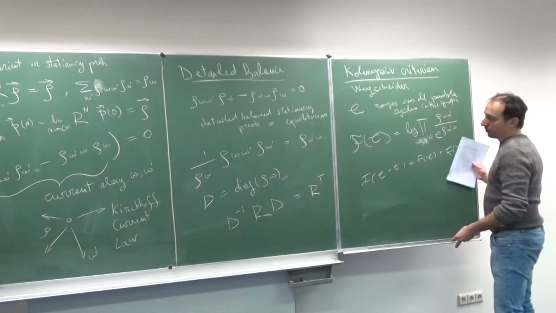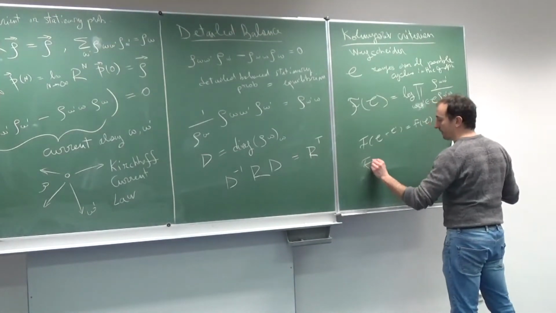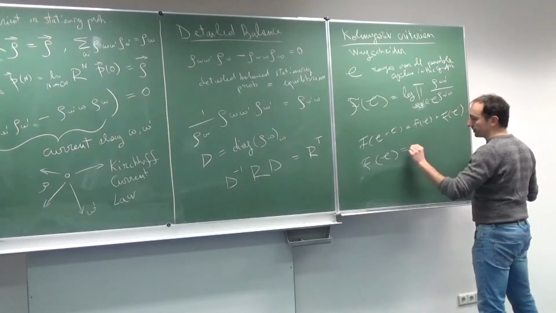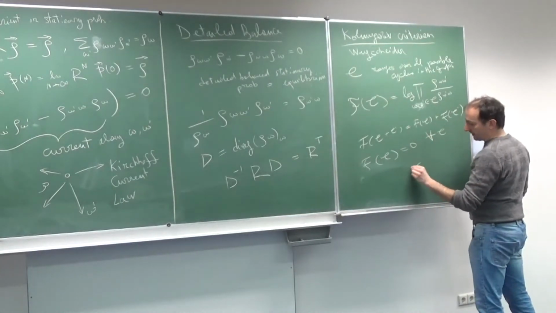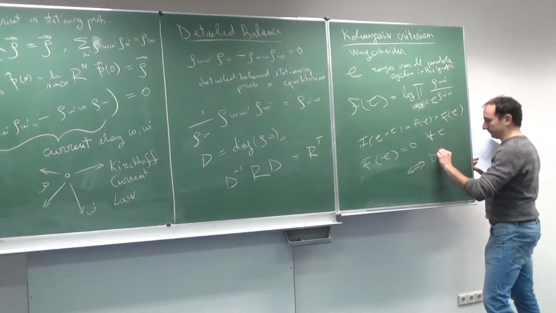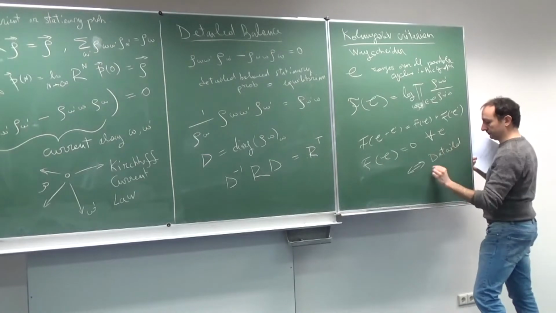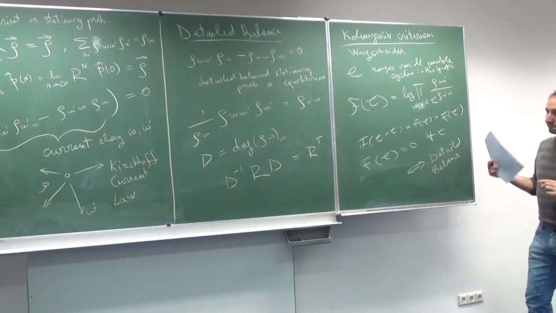And so now the Kolmogorov criterion says that if all of these f vanish, then if and only if actually detailed balance holds. Okay?